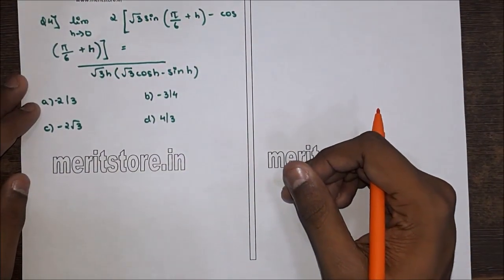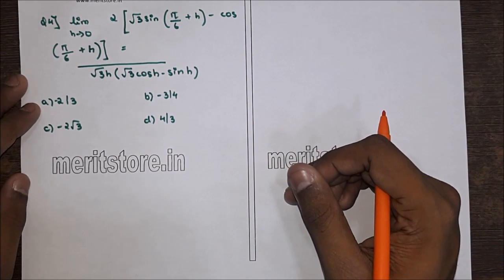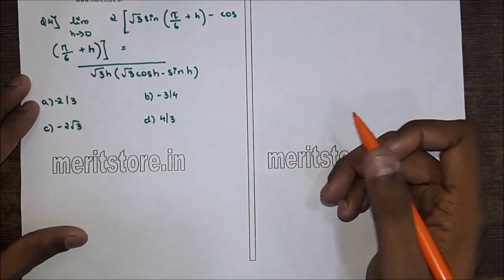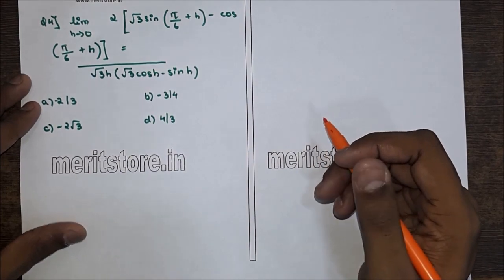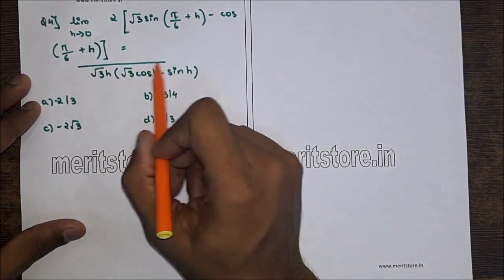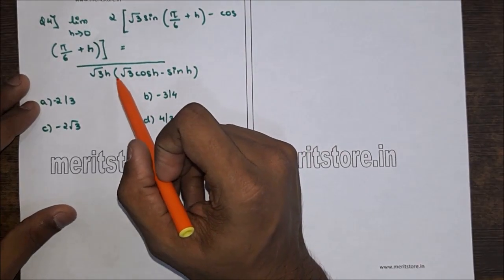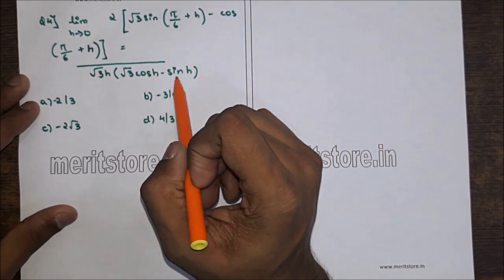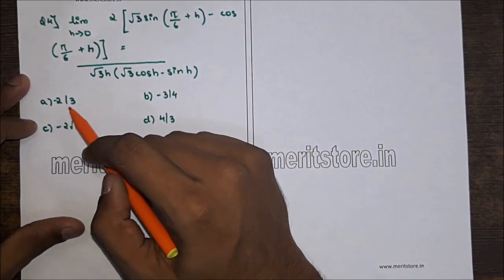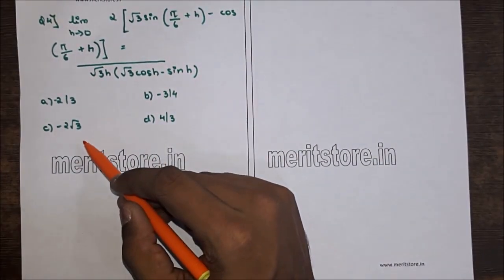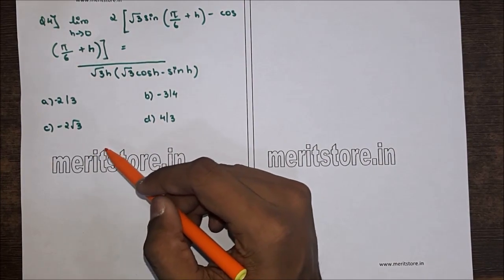Limit of h tends to 0, (2 into root 3 sin (pi by 6 plus h) minus cos (pi by 6 plus h)) upon (root 3 h into (root 3 cos h minus sin h)) equals: a) minus 2 by 3, b) minus 3 by 4, c) minus 2 root 3, or d) 4 by 3.